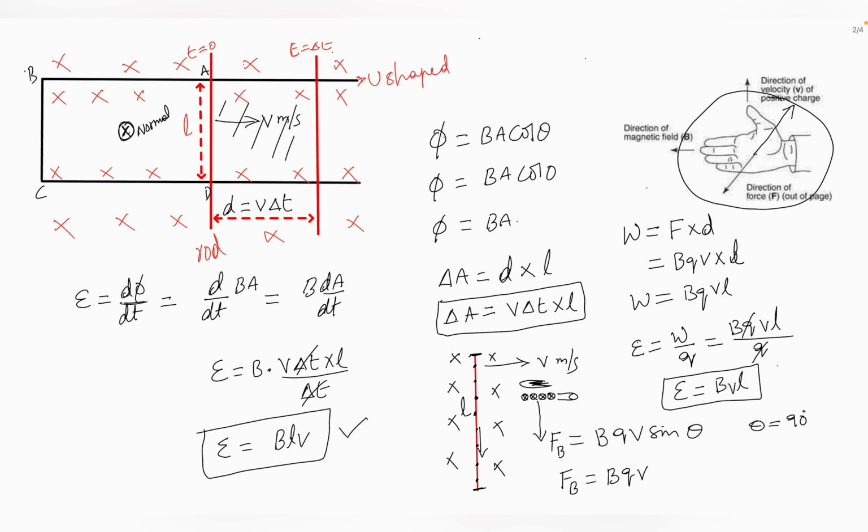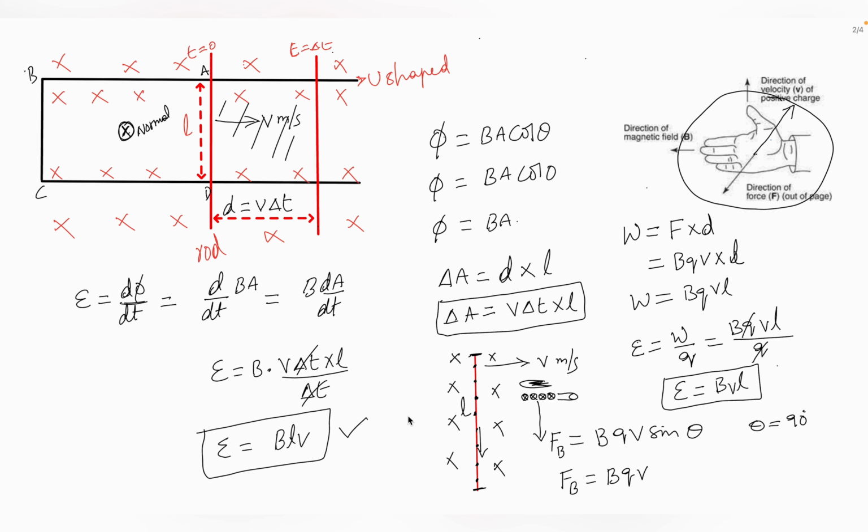Coming back to this equation, induced EMF equals BLV, which is developed due to the motion of the conducting rod in the magnetic field. Now this rod is placed upon the U-shaped conducting wires. Because it is a closed loop, definitely there will be an induced current also because of the induced EMF.